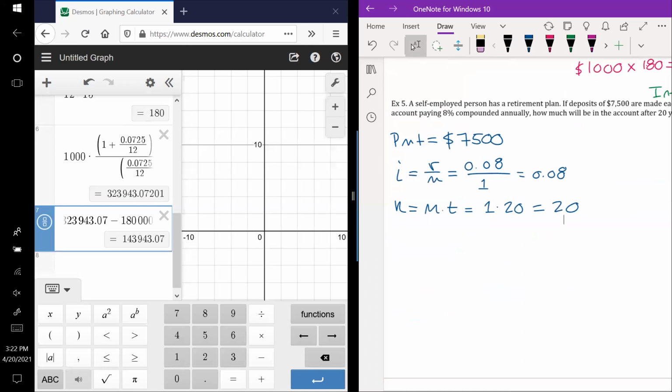All right, we have all the pieces we need, so just plug them into the future value formula. Future value equals 7,500 times 1 plus I, which is 0.08, raised to the 20th minus 1, over 0.08.